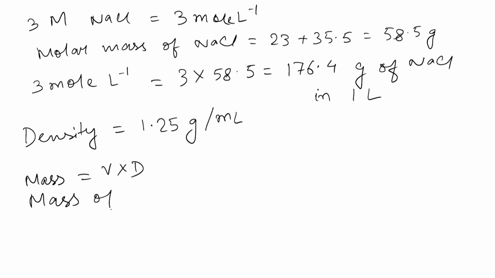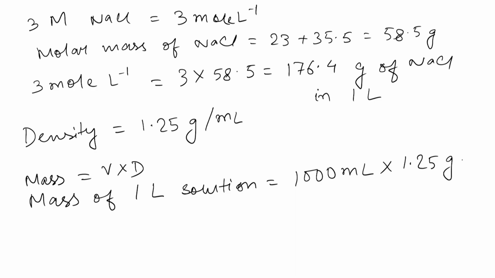So, mass of 1 liter solution will be equal to volume, that is 1000 ml, into density, that is 1.25 grams per ml. So, this will be 1250 grams. This is the mass of 1 liter solution of 3 molar NaCl.